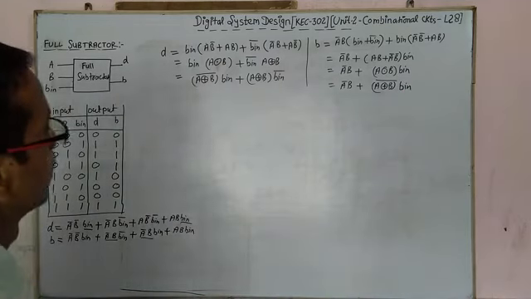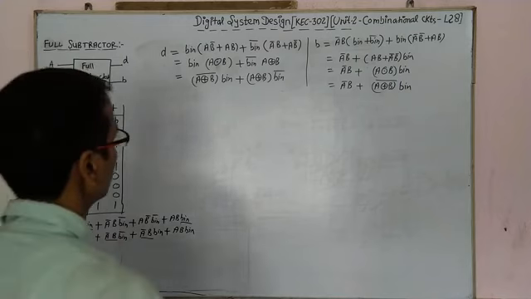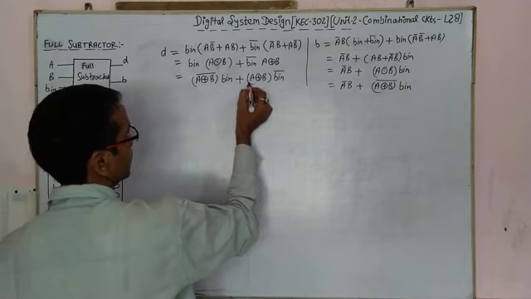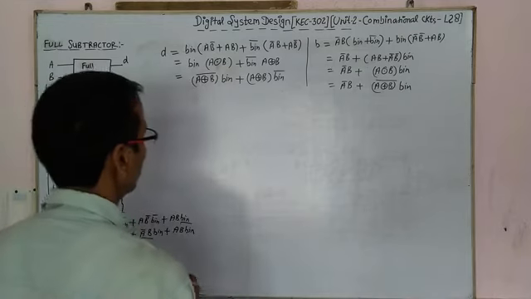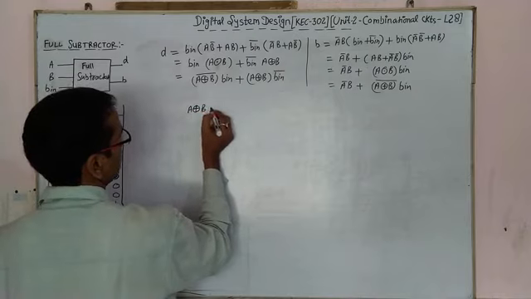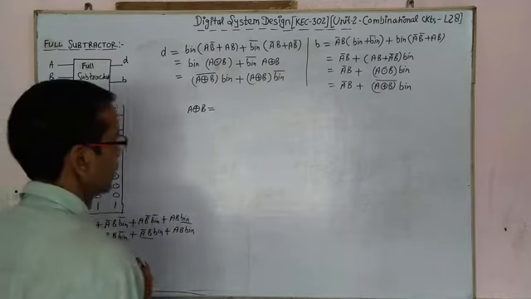You can implement this using AND, OR, and inverter gates. First of all you will implement A XOR B, which you know very well.